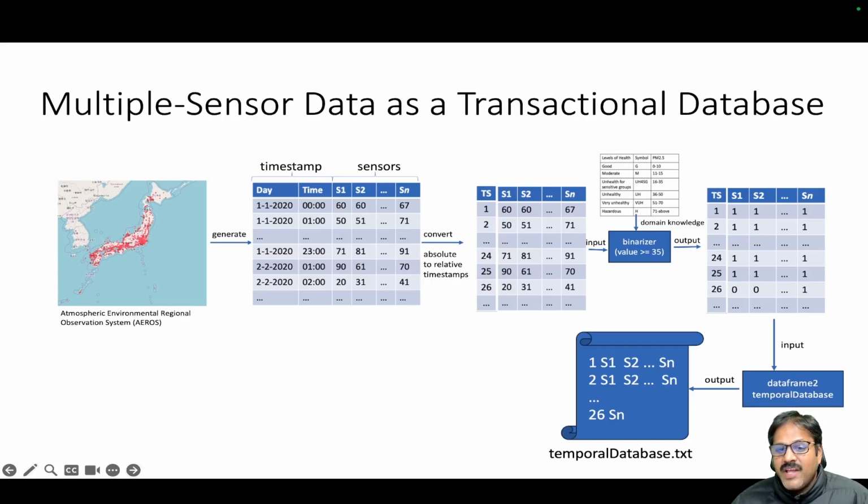Similarly, at timestamp 6, S1 did not record high levels of pollution, S2 did not record high levels of pollution. That is why they are not here. Only Sn has recorded high levels of pollution, so we have recorded it here. So that is how we convert real world data into a temporal database.